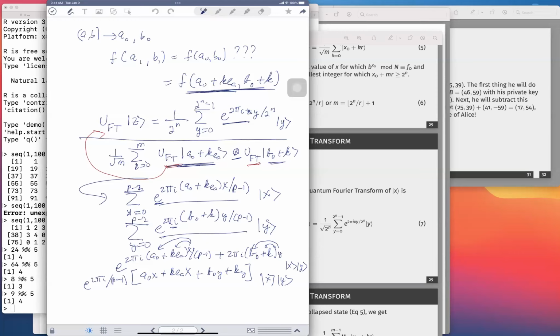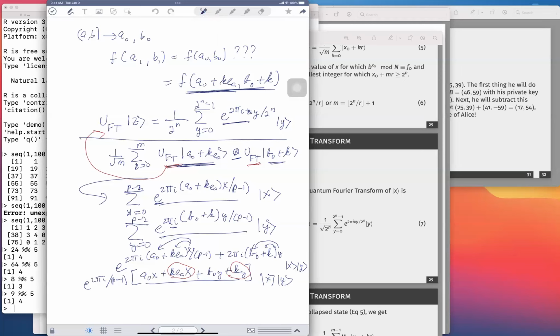Okay, so what would happen to this one here? What you can do is group a0 and group those that have k in common and those that don't have k. Okay, you can group this and group this.